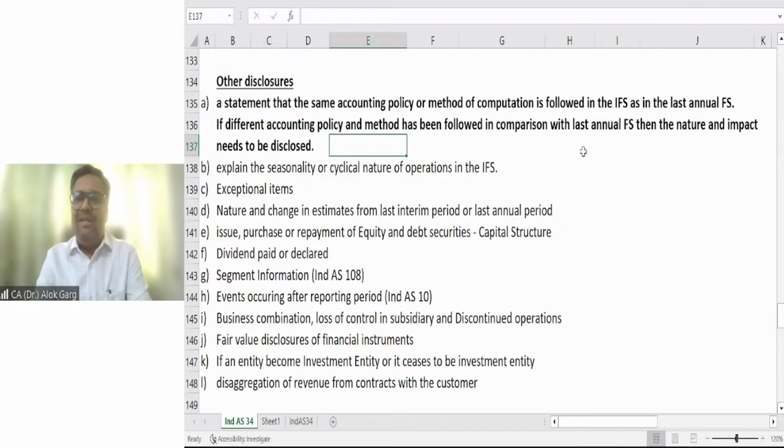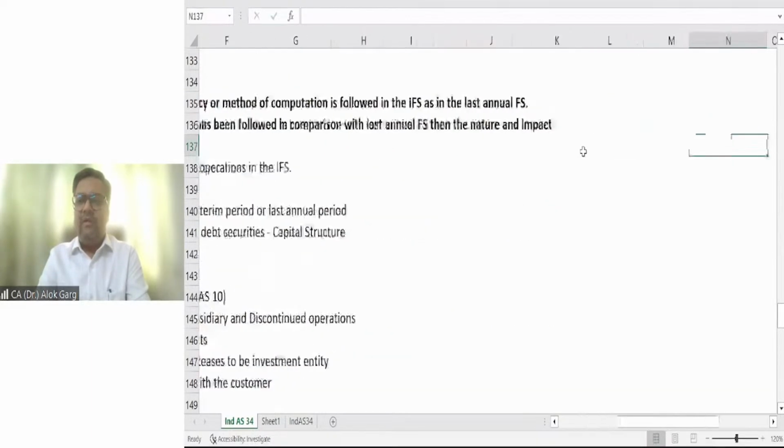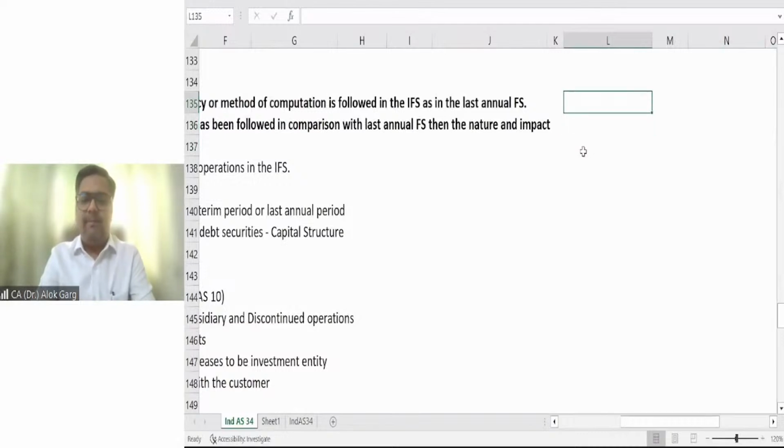Friends, the standard on leases, you will read that Ind AS 116. Ind AS 116 is a standard on leases, right? So if I talk about the lease standard up to 31st March 2019, the applicable standard on leases was Ind AS 17.